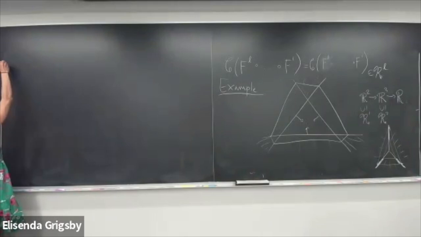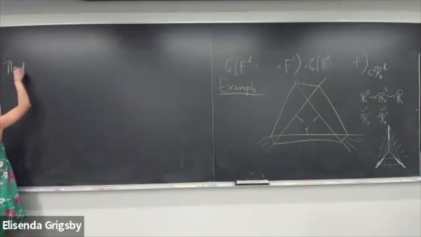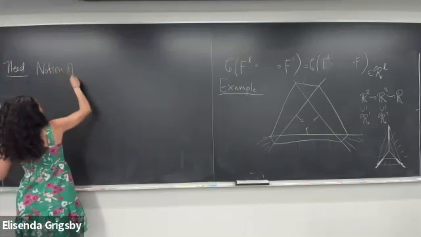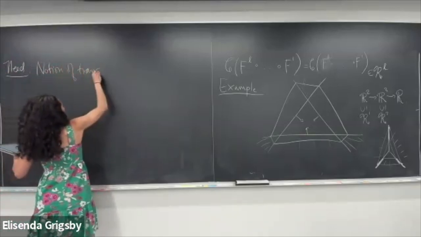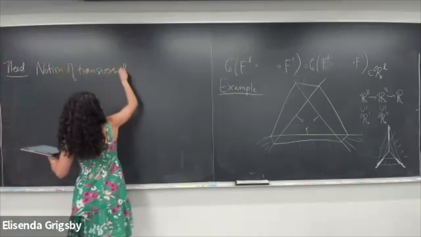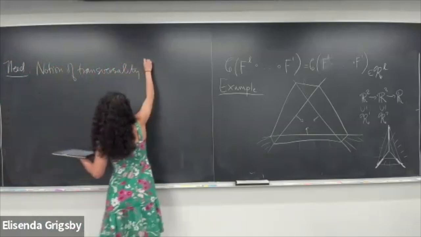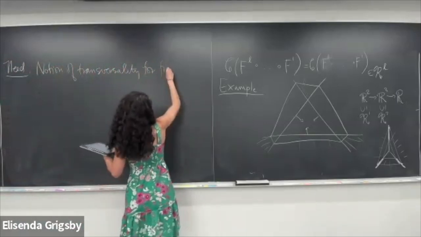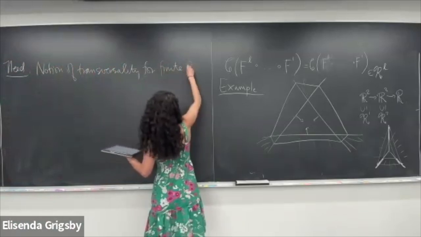We need a notion of transversality, for finite PL maps, but in particular for these ReLU networks.